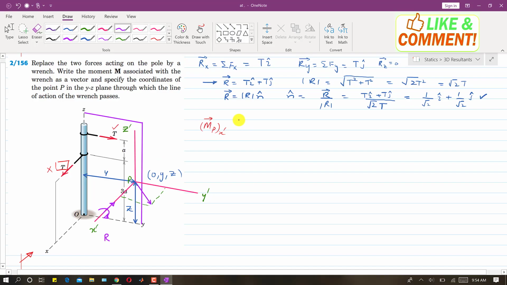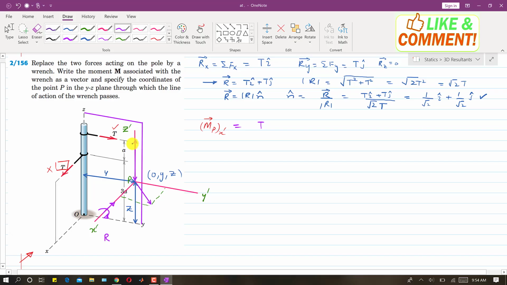And what will be the magnitude of that moment? It will be t, and this t has a distance of this much from the x axis, right? So if I mention that, it has this much distance from this x axis, and this much distance is 3a plus 4a, so 4a minus z.